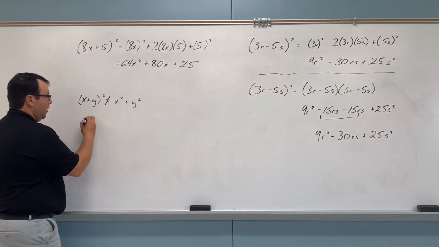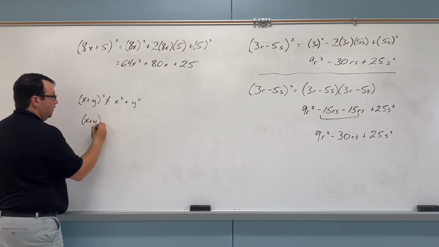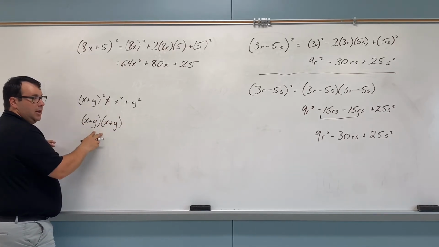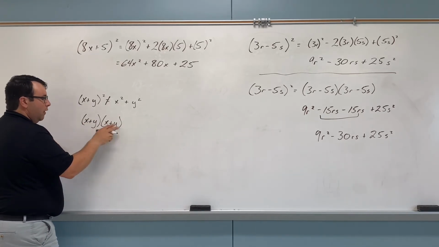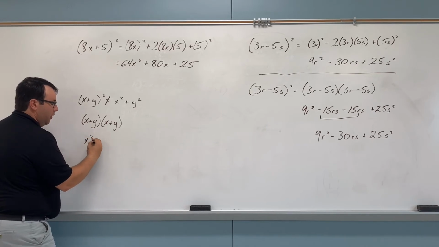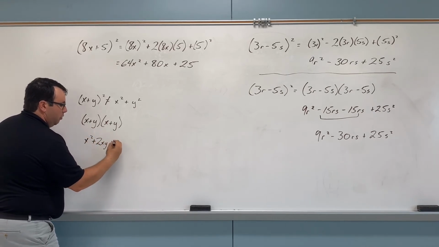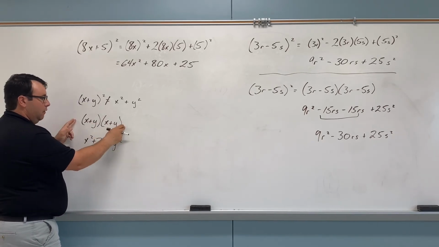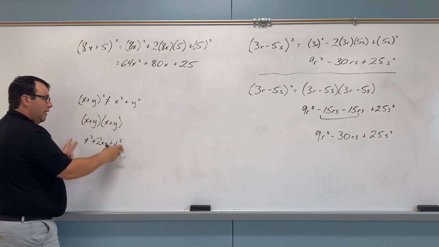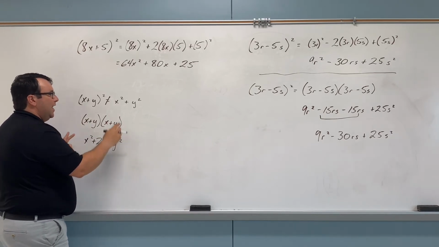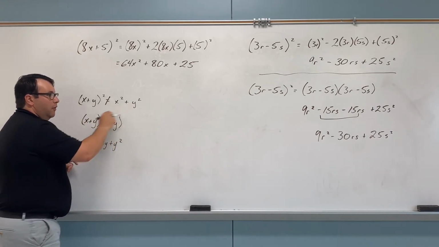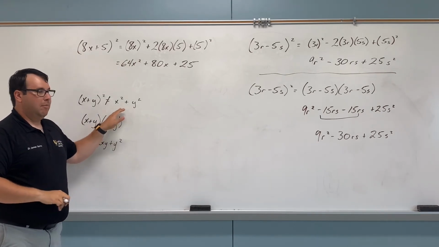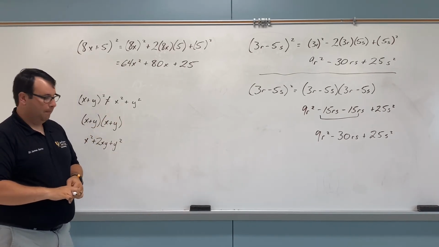You're talking about x plus y times x plus y. That's what this actually means. And so when you solve this out, that's where you got the x squared plus 2xy plus y squared. So by expanding this and then FOILing, you can see where this definition comes from. It is not ever simplified to x squared plus y squared. This is a big mathematical no-no. Don't do it.